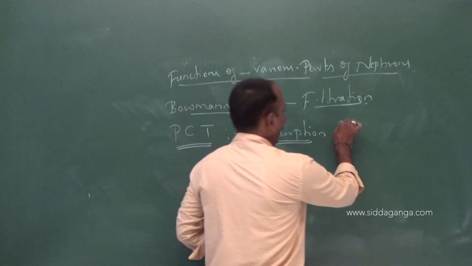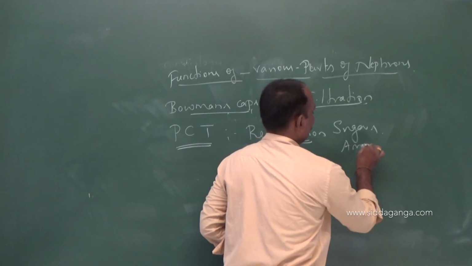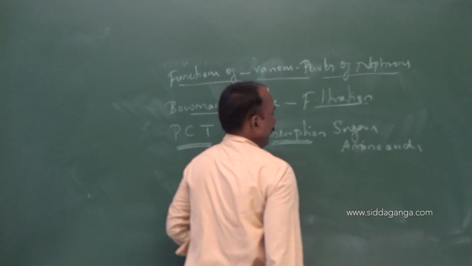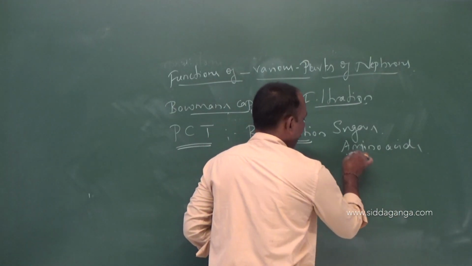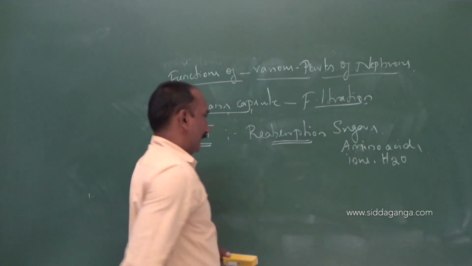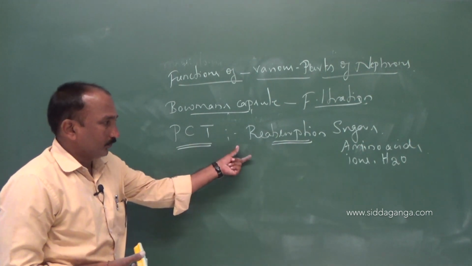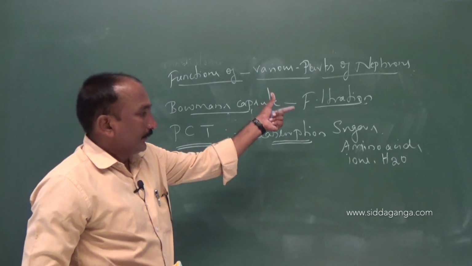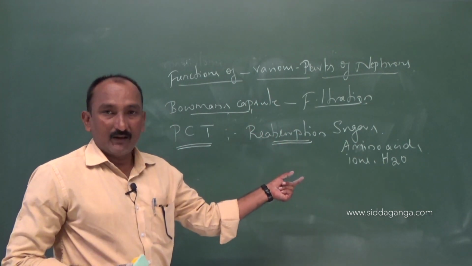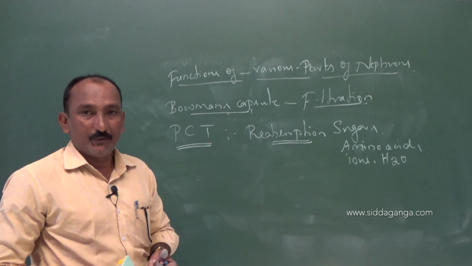Sugars, amino acids, some ions, and also water. So the proximal convoluted tubule reabsorbs essential molecules with the help of one specialized tissue.